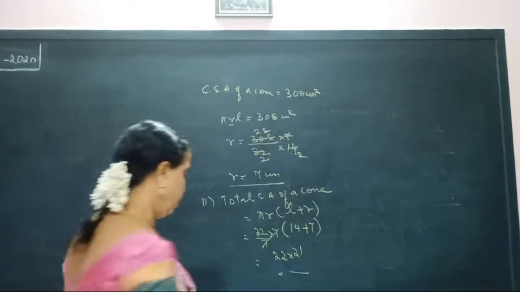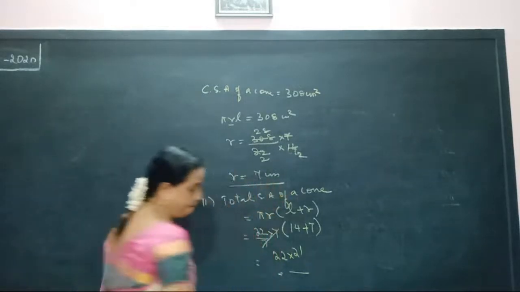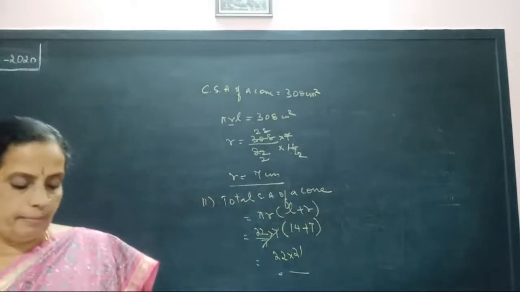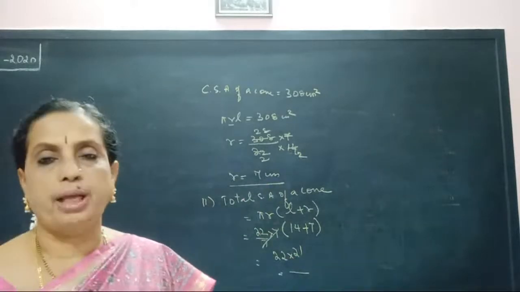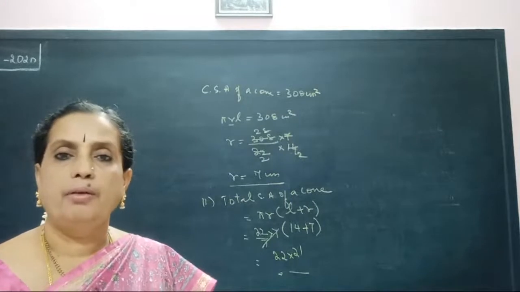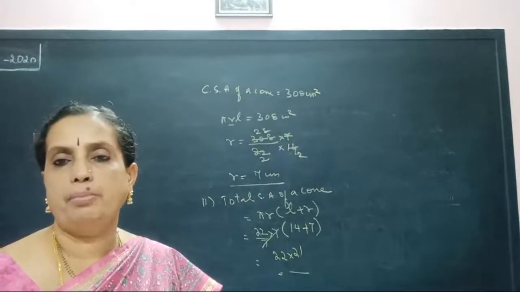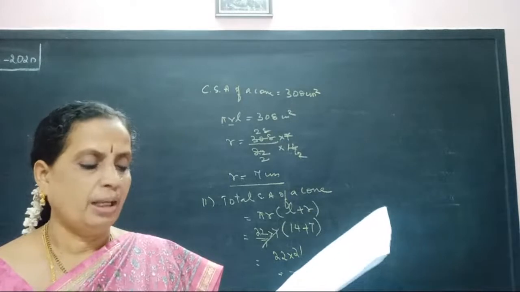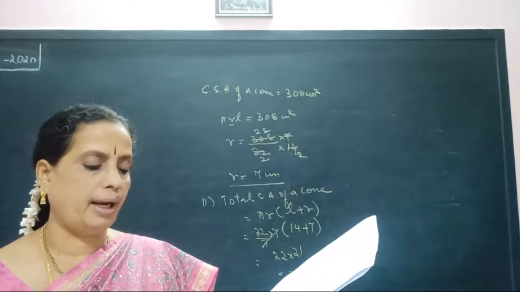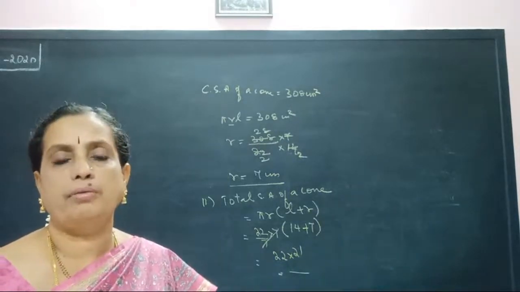Yes, question number 21. So usually we used to calculate the slant height when radius and height are given. But in this question, they ask to calculate the height when slant height and base diameter are given.